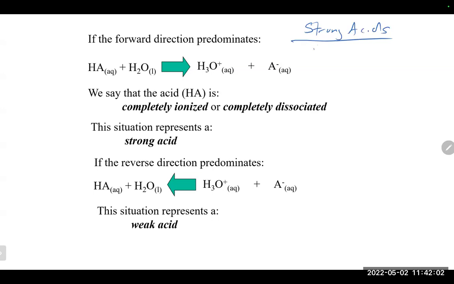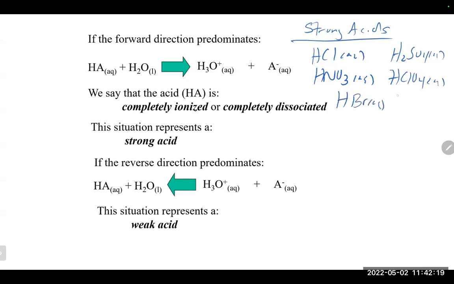Some strong acids are hydrochloric acid, nitric acid, sulfuric acid, perchloric acid, hydrobromic acid, hydroiodic acid. So these are some very common strong acids. For the most part, if it's not one of those, you could probably safely assume that it's going to be a weak acid.